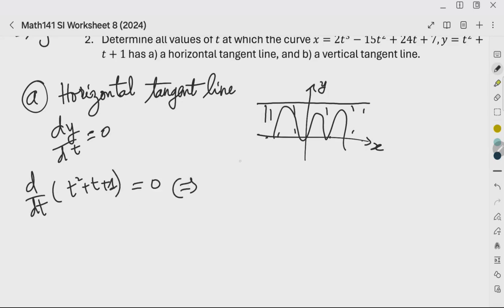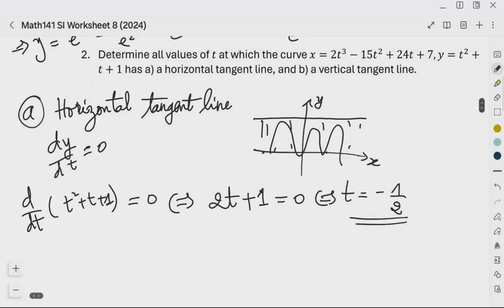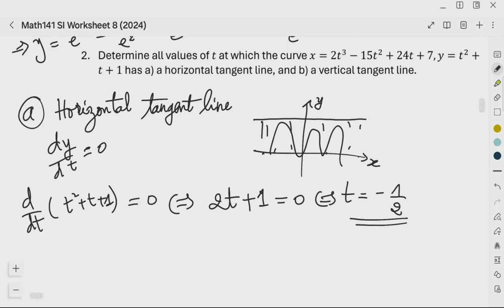And what is that derivative? That is 2t plus 1 equal to 0, which means t is equal to minus 1 over 2. So that is the value of t that would make our curve have a horizontal tangent line.